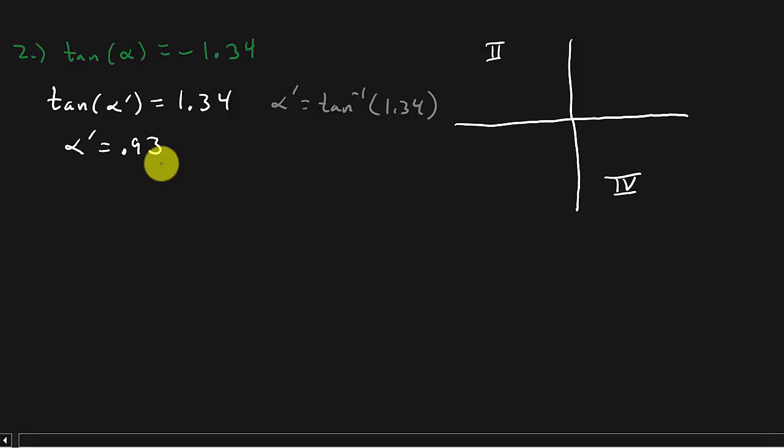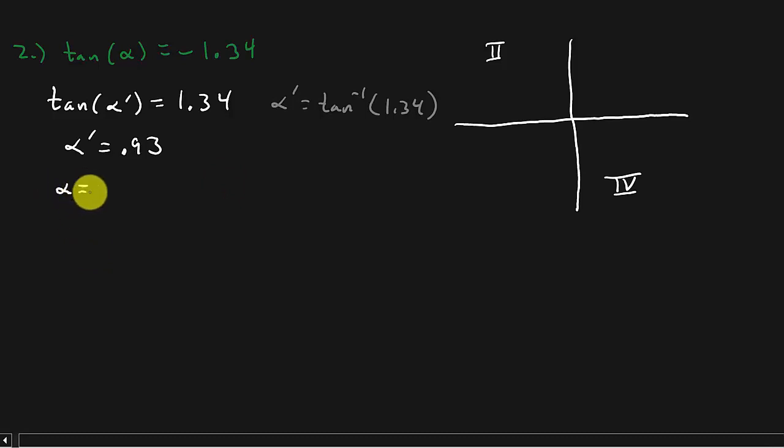We want our answer in radians, so make sure you change your calculator to radian measure. Okay? So all this is like saying, okay, our reference angle is 53.3 degrees. But remember, we want it in radians, so our reference angle is 0.93 radians. All right, so that's the angle measure. So now let's find our solutions.